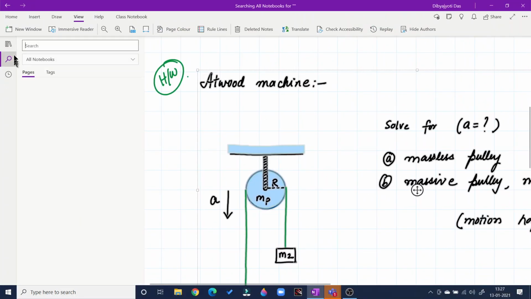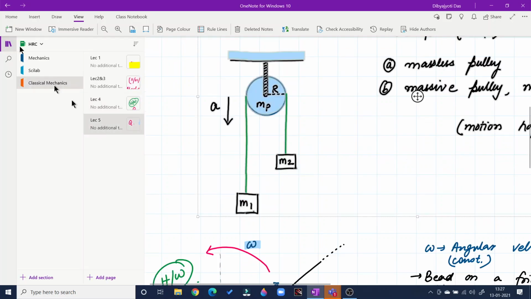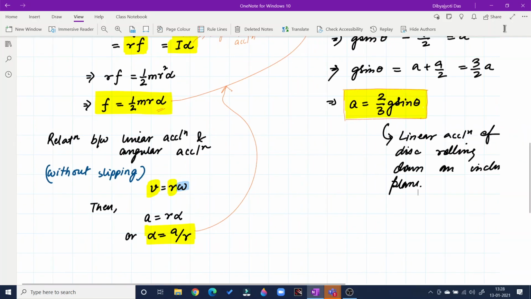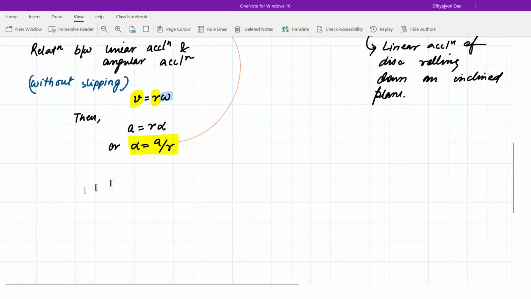Okay, so now let's look at the second question, which is the question related to pulley.